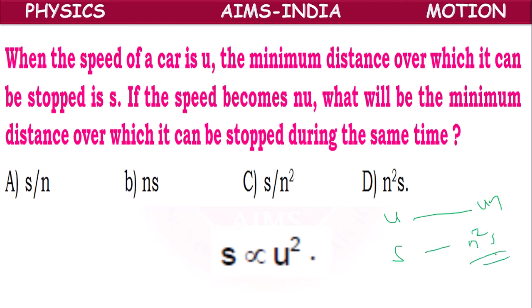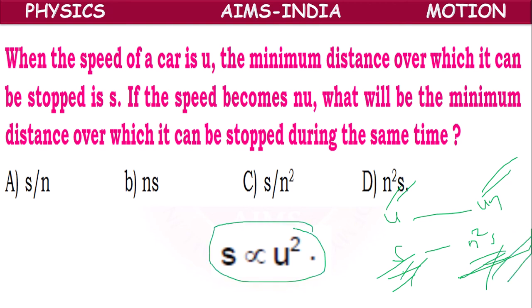So n square s. Previously it was S, now n square S, because they are related like this. So answer D option is correct.